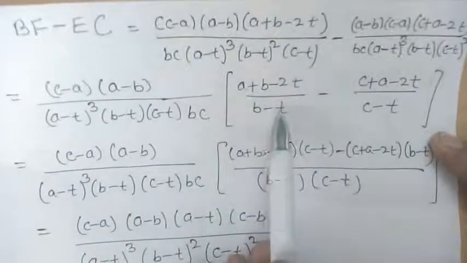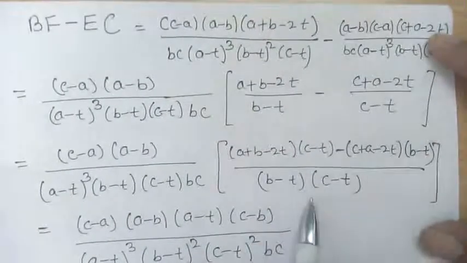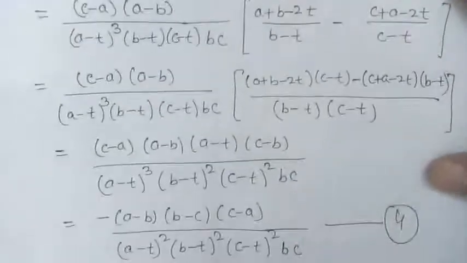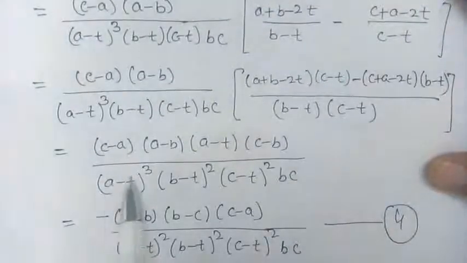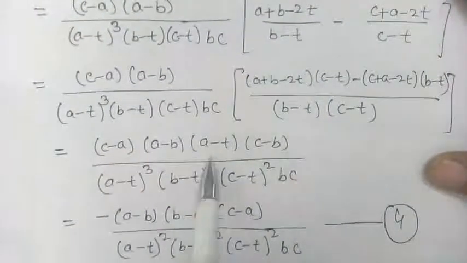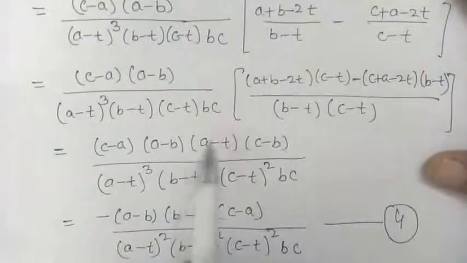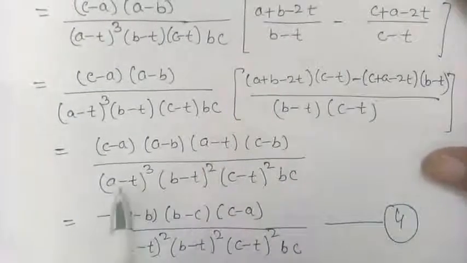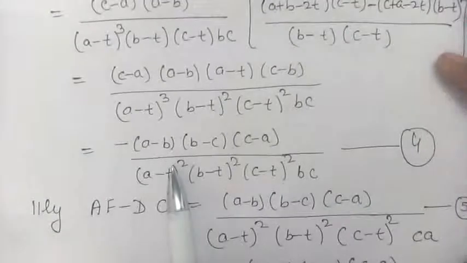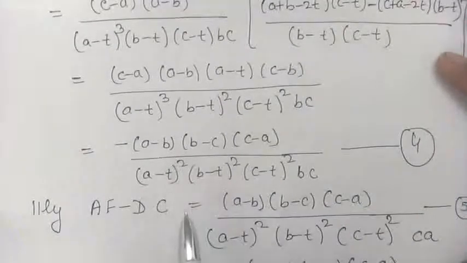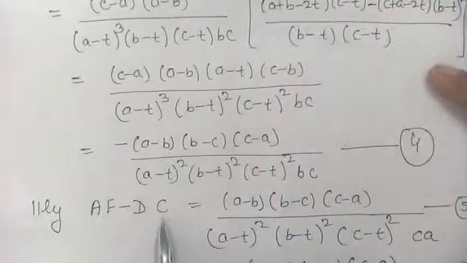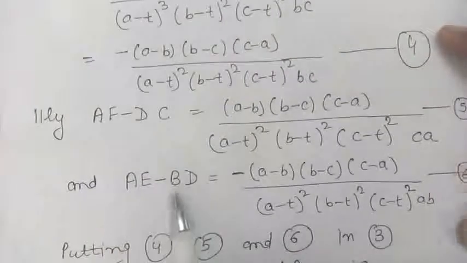Inside we are left with these two terms. After taking LCM here, we get the value of BF minus EC, which is given by this formula. Now A minus T is cancelled from numerator and denominator, and we get this value. In the same way, you can find the value of AF minus DC and AE minus BD.